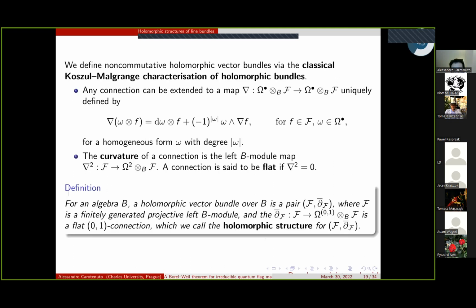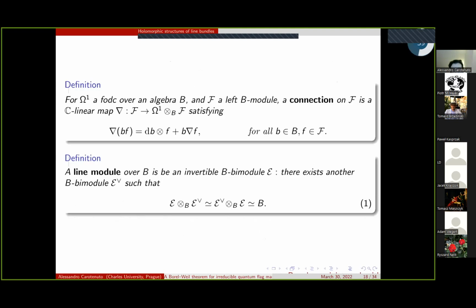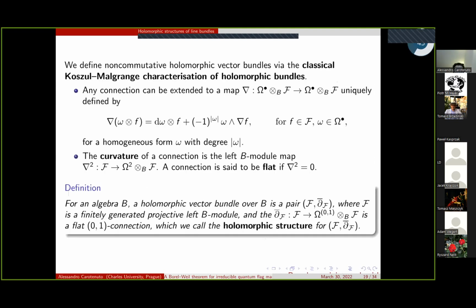Sorry, may I ask you a question? Yes, please. Could you come back to the previous page? To this one. Don't you assume that omega 0 bullet is generated by omega 0 1? Omega 0 bullet is generated by omega 0 1, and this follows from the fact that omega is a differential calculus, so it's generated in degree 0.